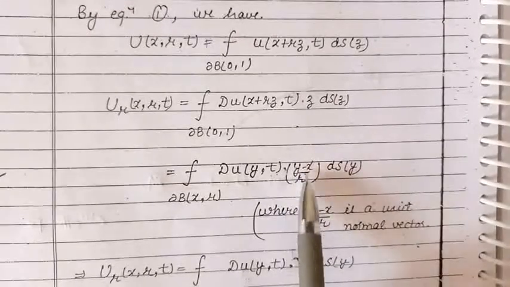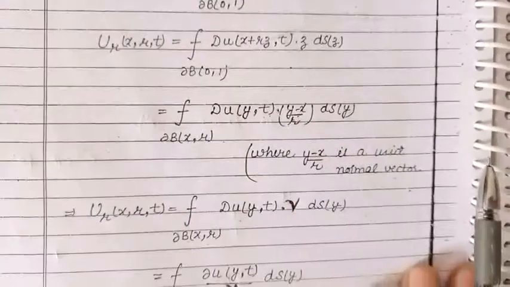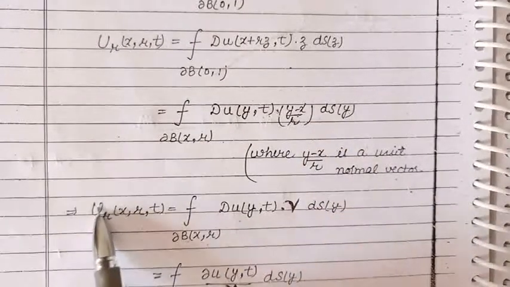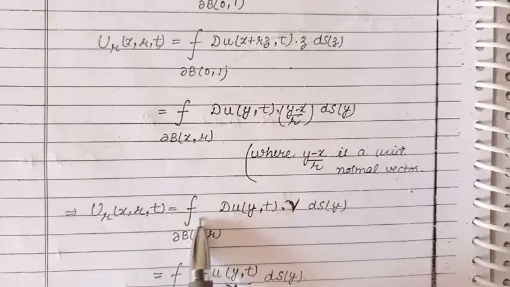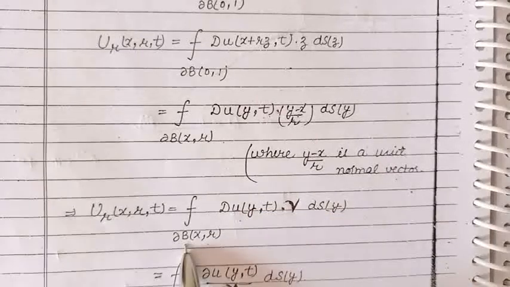Now (y minus x) upon r is a unit normal vector. Let us denote it by nu. So the partial derivative of U with respect to r is equal to the average value of Du dot nu over the sphere with center x, radius r.